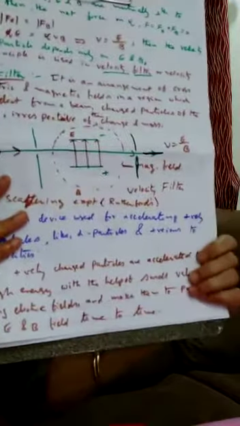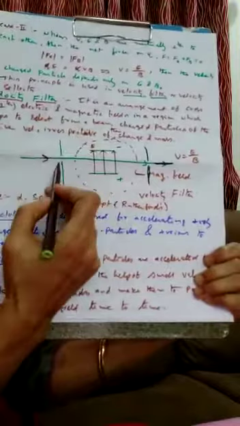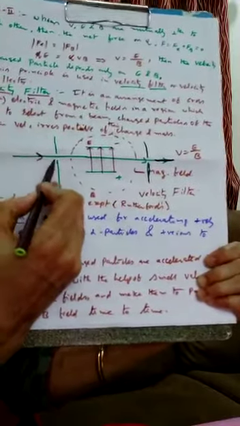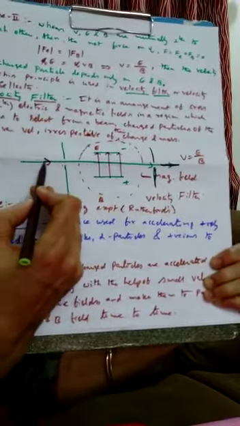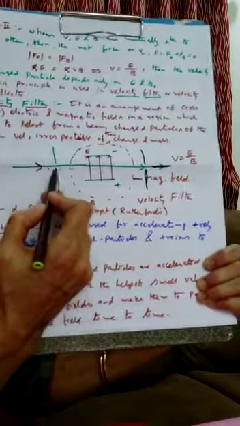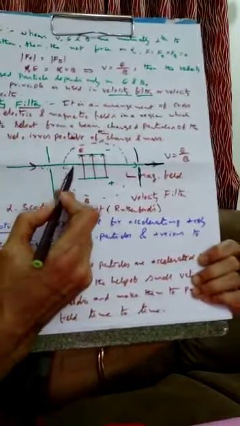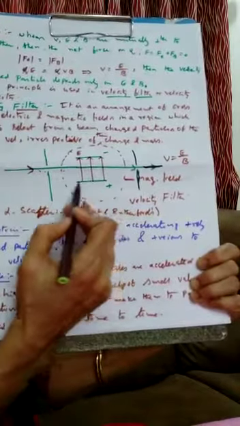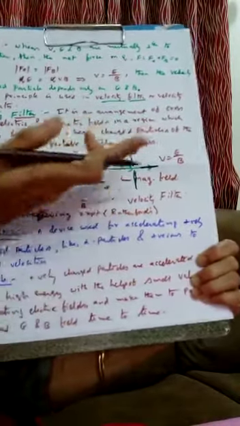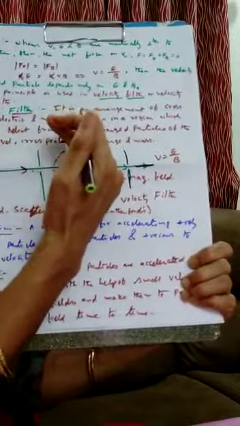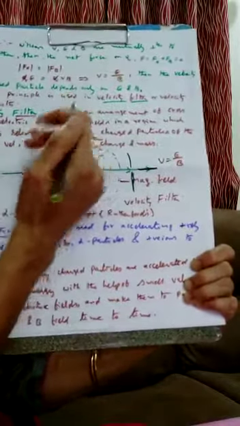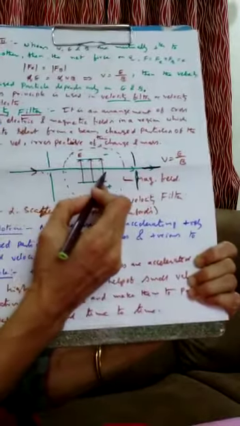The velocity selector consists of a collimator. A narrow beam of charged particles enters from this beam, and this dotted circle is the magnetic field, and these green lines are the electric field, plus and minus. Magnetic field and electric field are perpendicular to each other. The charged particle is allowed to enter like this.